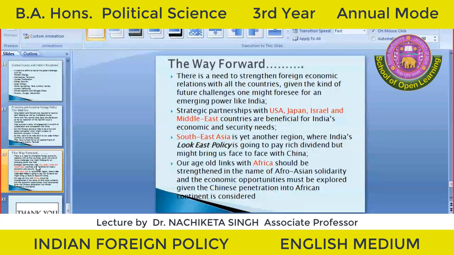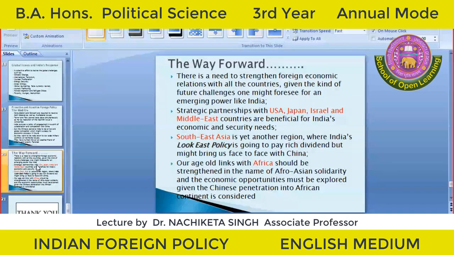The Look East policy and Act East policy of the present Narendra Modi government are some of the examples of how we are trying to build a very productive relationship with the countries located in our extended neighborhood.